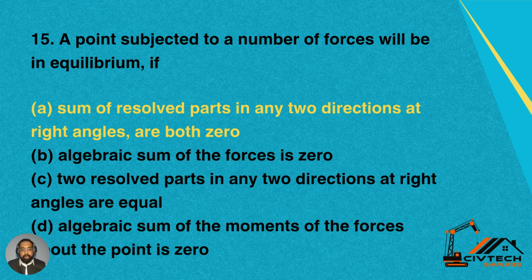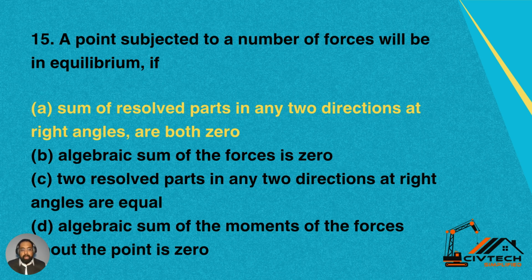Question 15. A point subjected to a number of forces will be in equilibrium if. Option A. Sum of resolved parts in any two directions at right angles are both 0.